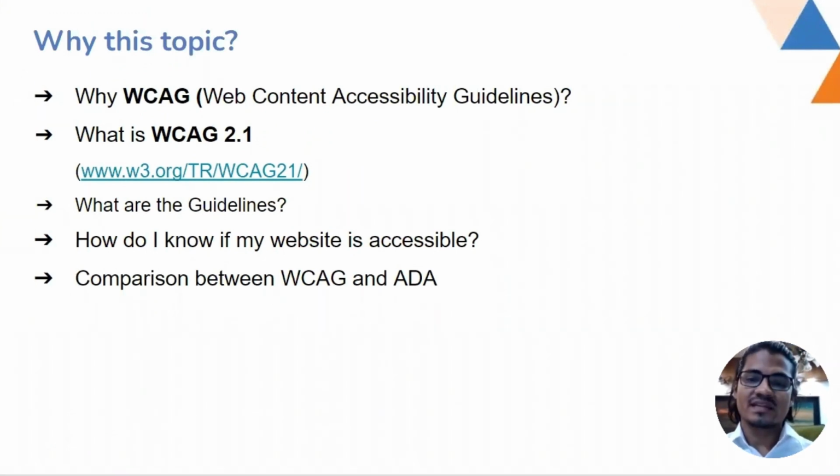WCAG is Web Content Accessibility Guidelines, and this is actually a guideline for everyone, mostly for those people who are not equally understandable to the normal people. Some people have a vision problem. Some people have a hearing problem.